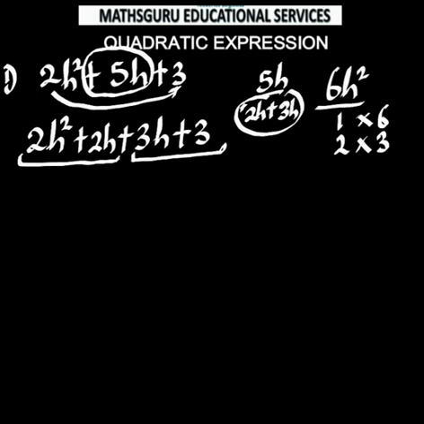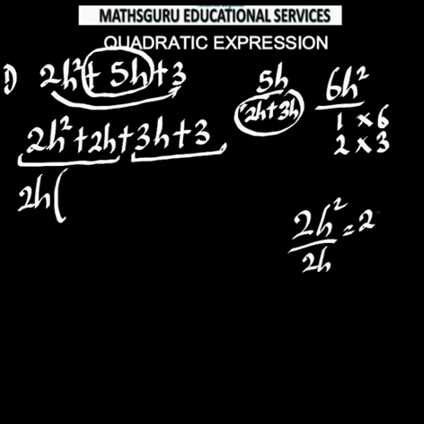Now, the next thing to look for is the highest common factor of the paired terms. So the highest common factor of 2h squared and 2h is simply 2h. So we open a bracket. 2h squared divided by 2h, which is 2 times h times h over 2 times h.